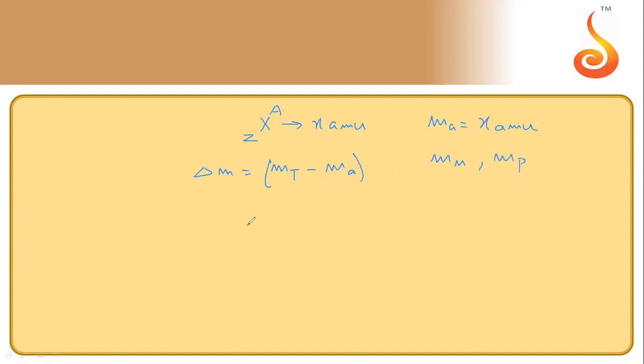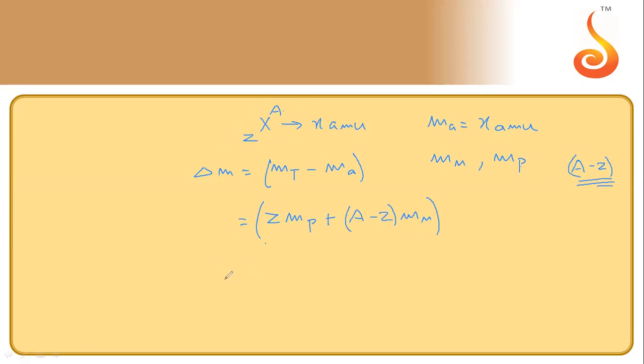Now in this nucleus, its atomic number is Z, meaning Z number of protons are there. So total mass of protons will be Z into Mp. And number of neutrons will be A minus Z. So A minus Z into Mn. This will give you the theoretical mass of this nucleus.